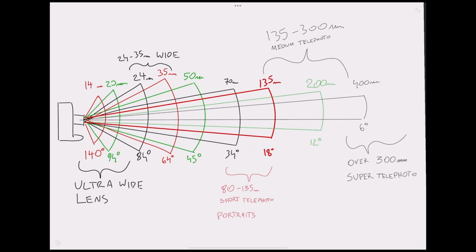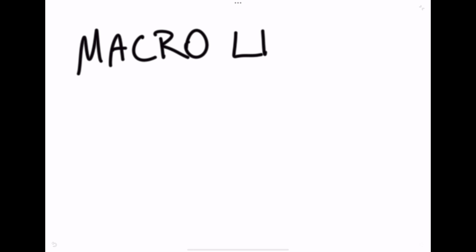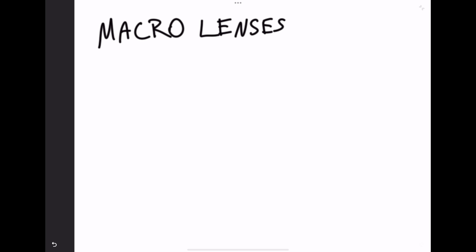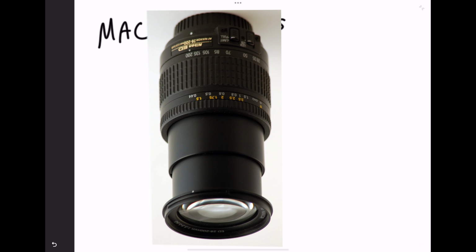But we also have a few specific types of lenses. And let's start with macro lenses. These are specifically designed, of course, for macro photography. So anything like flowers and bugs and stuff like this. Also, macro lenses are a bit weird because they work upside down. What do I mean?